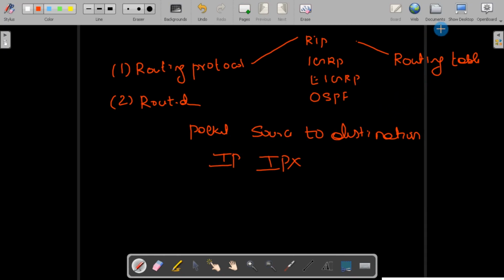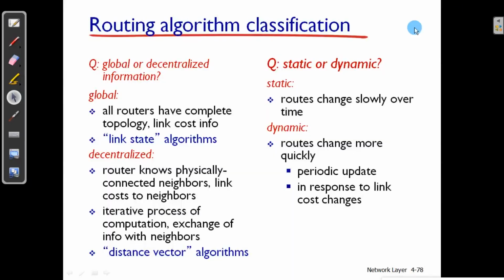So now, routing protocols are based on a routing algorithm, and the routing algorithm will compute the routing table. These routing algorithms are distance vector and link state. Before that, the algorithms are classified as global or decentralized.